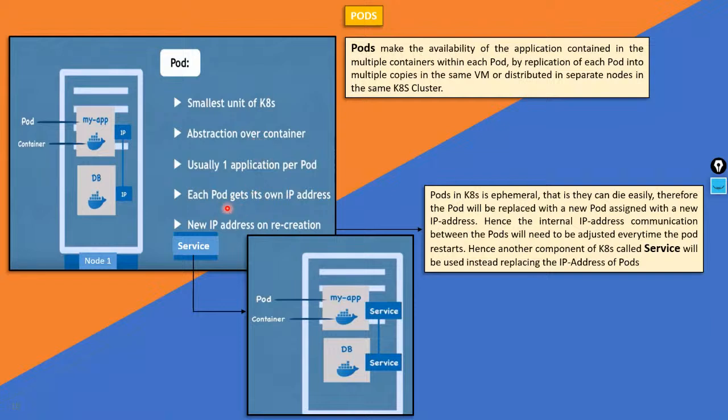I was thinking if it's a replica, then it should have the same IP, but if they are not replicas of the old one, then it might have a different one. No, you say replica of the pod. You do not say replica of the IP address. The IP address is a means to communicate between two pods.